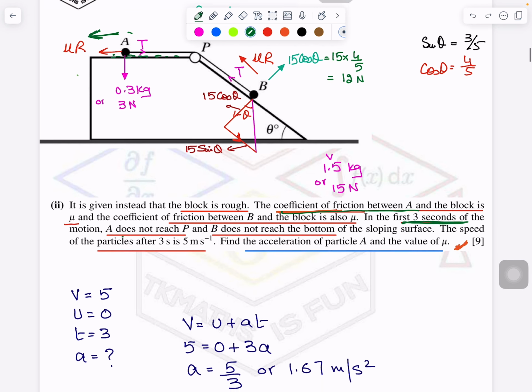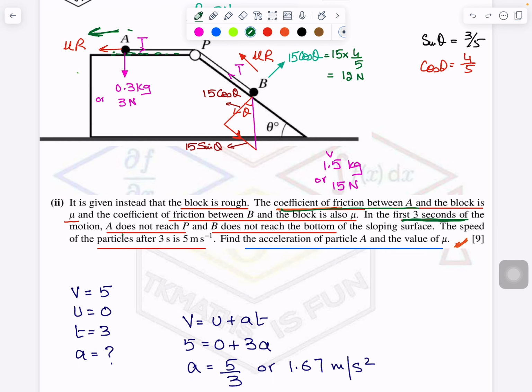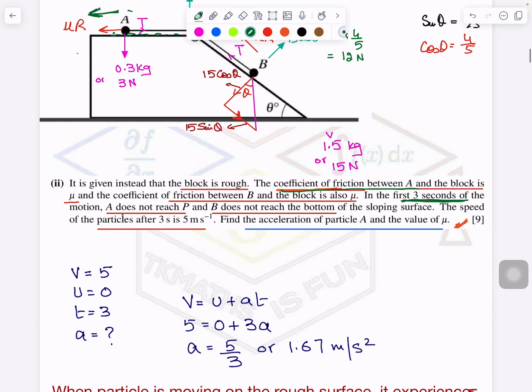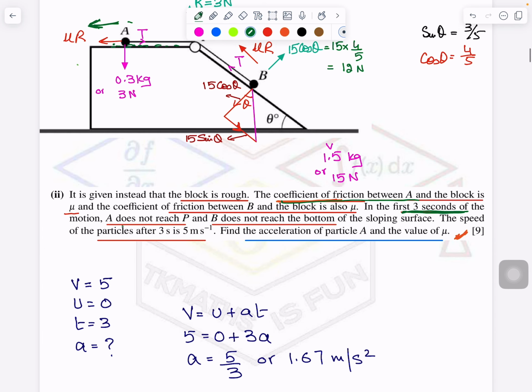What we will do now, first of all, is find the new acceleration. We cannot use the earlier acceleration because that was the case when the surface was smooth. So we will find the new acceleration. What is given to you? That in 3 seconds the speed of the particle is 5 meters per second.